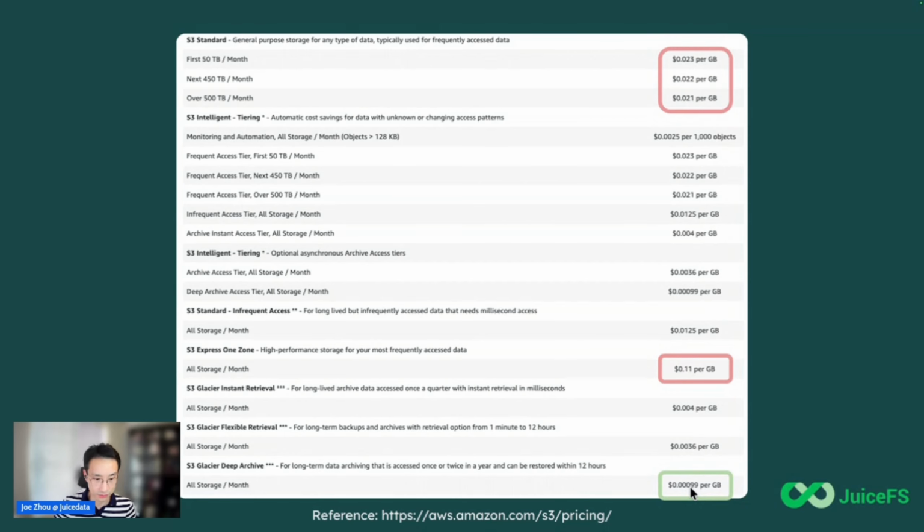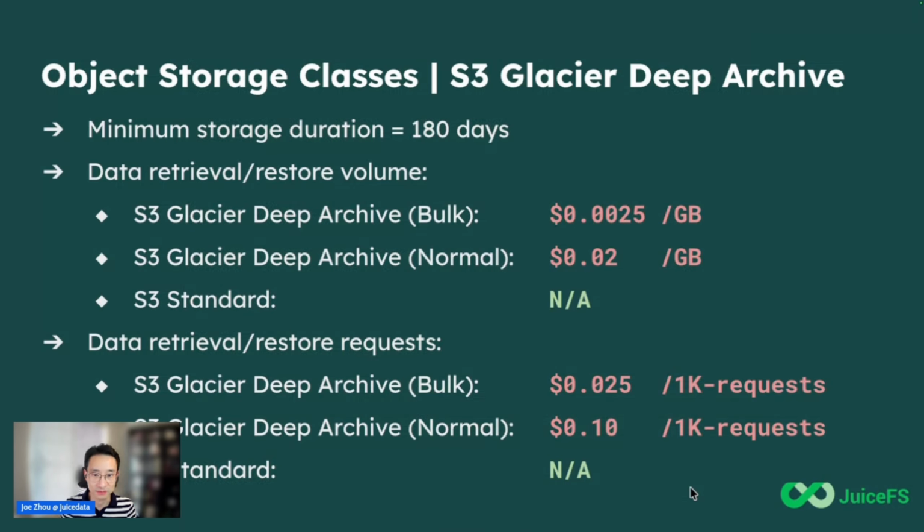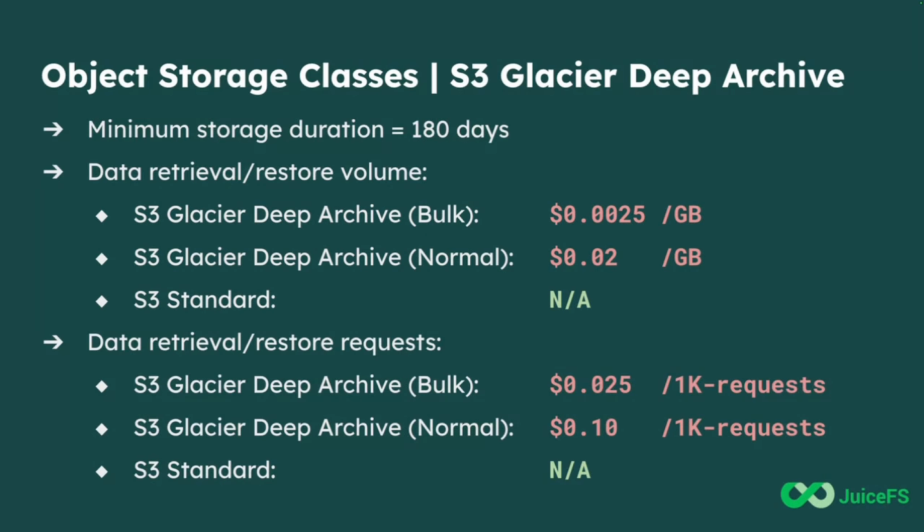So that's for storage cost, but storage cost is only one side of things, right? On the flip side, let's take a deeper look into the pricing page of S3. There are a few other pricing categories as well, right? For example, first of all, the archive storage classes normally have minimum storage duration requirements.